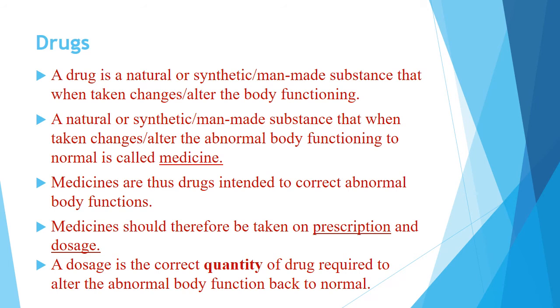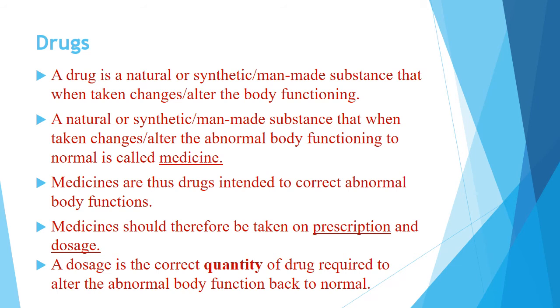For example, if you have malaria, the doctor will prescribe that you take quinine so as to correct the abnormal body function. So what is medicine? Medicine is a natural or a synthetic substance that when taken alters the abnormal functioning. So it makes it function normally, to remove it from the abnormal.